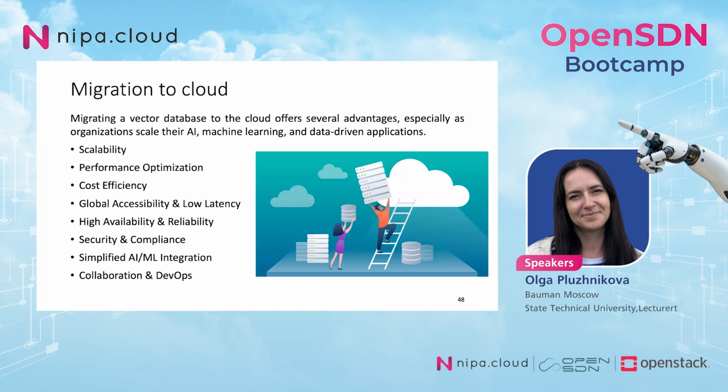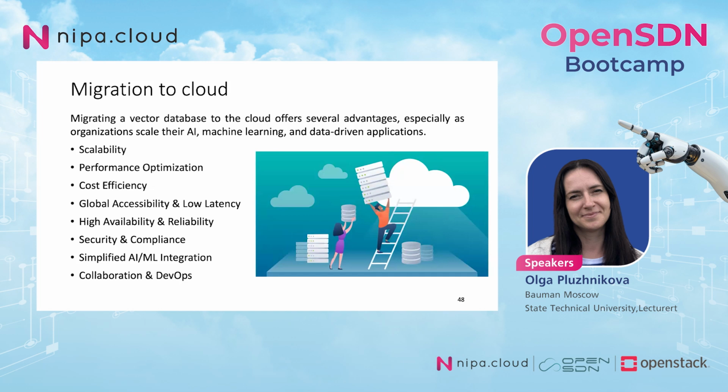Cloud providers offer optimized vector databases with built-in indexing for fast similarity searches. Cloud providers also offer on-demand GPUs to speed up vector operations. Cost efficiency. Avoid upfront hardware costs and pay only for used resources.